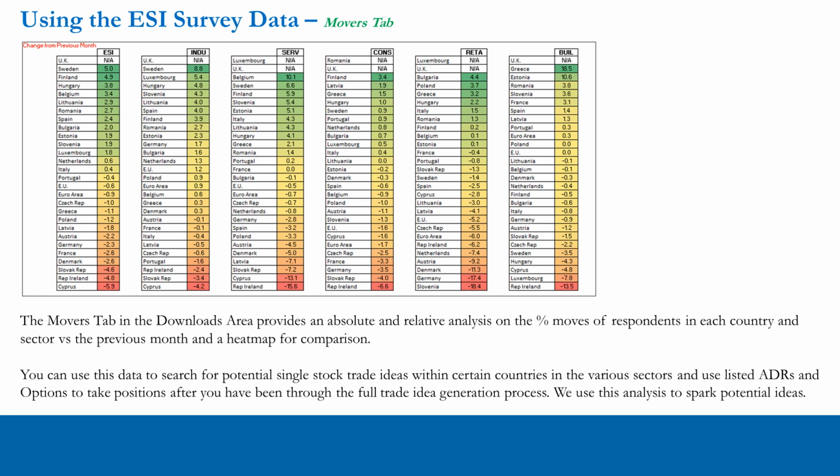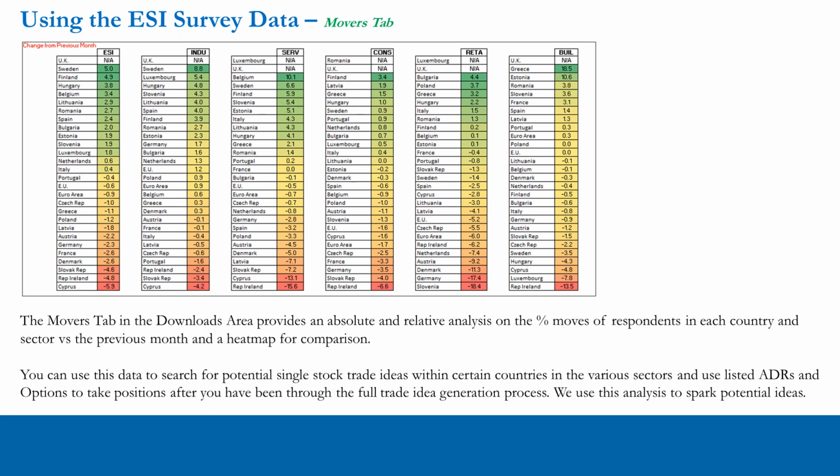You'll also notice a tab in the file called the Movers tab. This splits the five areas, manufacturing, services, consumers, retailers, and construction, and ranks them by relativity, from the most bullish in descending order to the most bearish for the last month. When you update your data, you'll be able to do this as well.